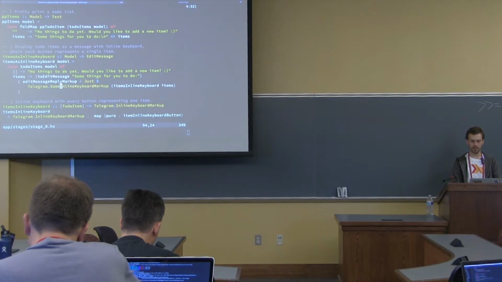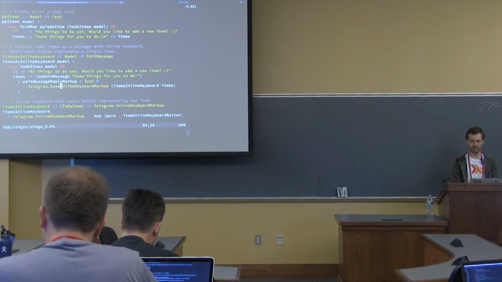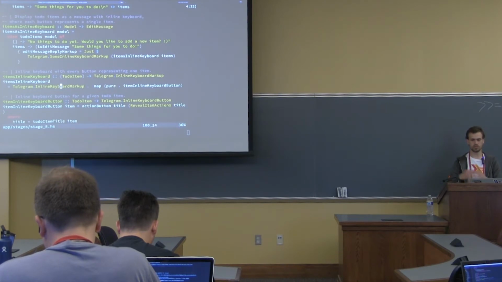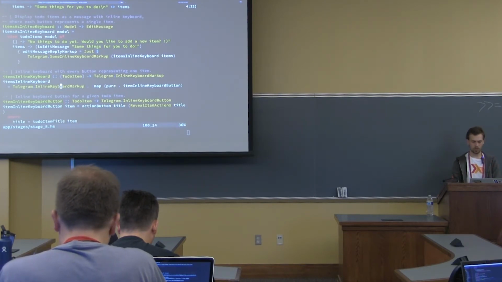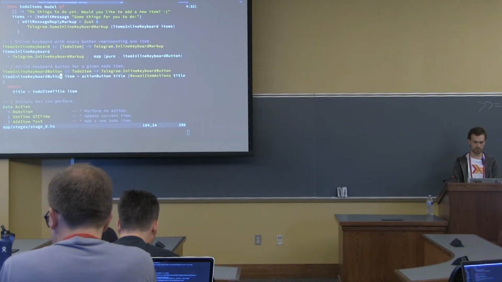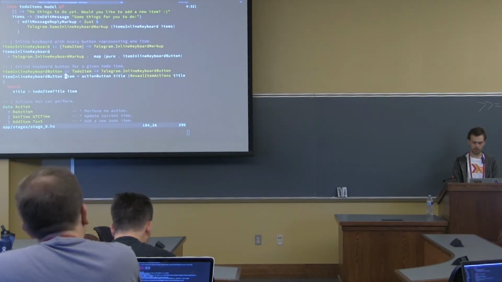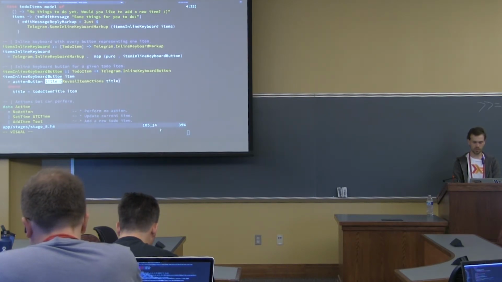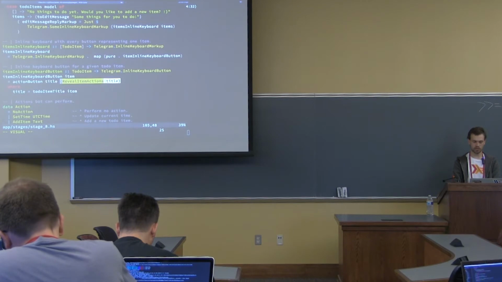And instead of a reply keyboard markup, we use inline keyboard markup. And that actually consists not just of some text, but of buttons. Okay, and here is how you construct one button. So you use the action button with some title, and you assign some action to it.